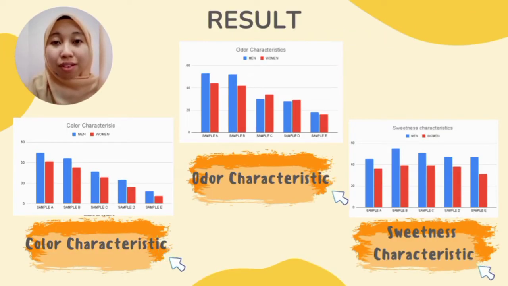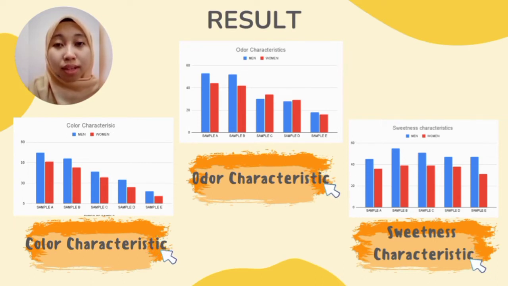Moving to the results of the sensory activities, as we can see here, we have color characteristic, odor characteristic, and sweetness characteristic. For color characteristic, sample A has the highest rates among men and women, and the least is sample E, which indicates that sample A has a darker shade of color compared to sample E. For odor characteristic, sample A and sample B have a strong odor compared to other samples, but sample C and sample D have high rates from women compared to men.